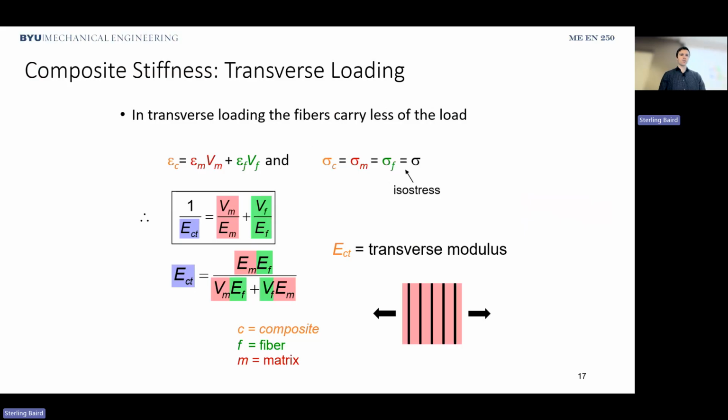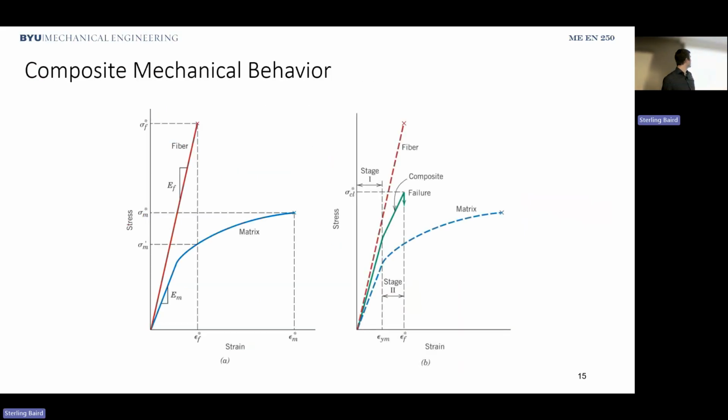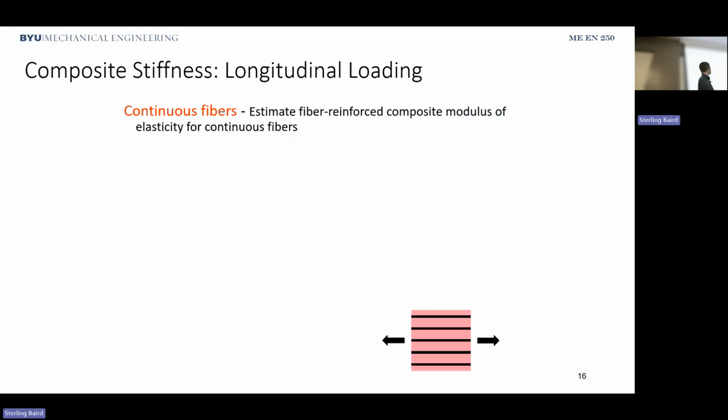Yes, transverse is the lower bound. Transverse means the fibers are aligned perpendicular to the loading direction, and in the longitudinal case they're aligned the same way.